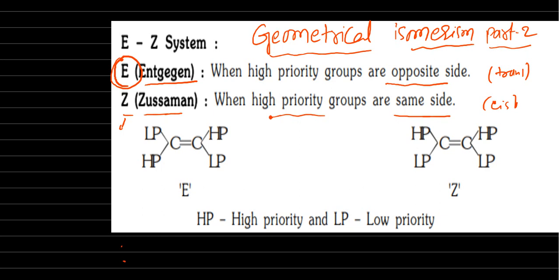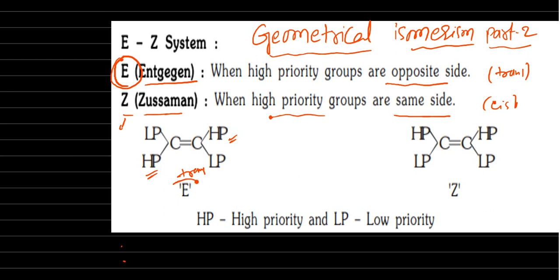That's better to remember. Now the question is, what are these higher priority and lower priority groups? First of all, you are giving the priorities. If higher priority groups are in the opposite direction, then that is generally trans type.